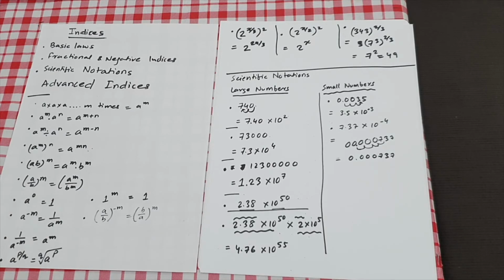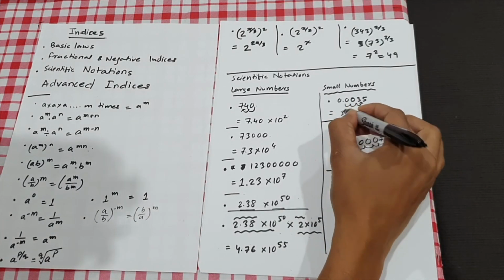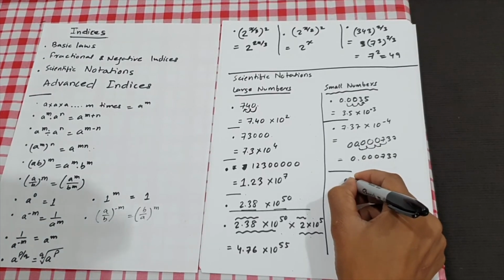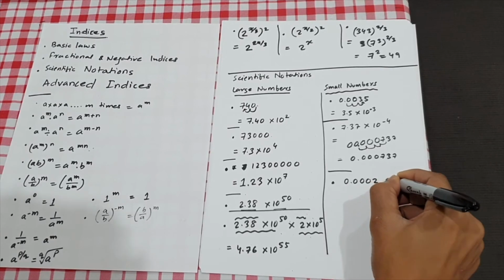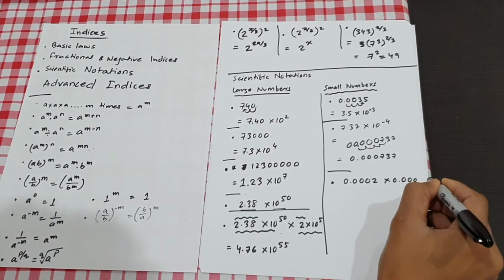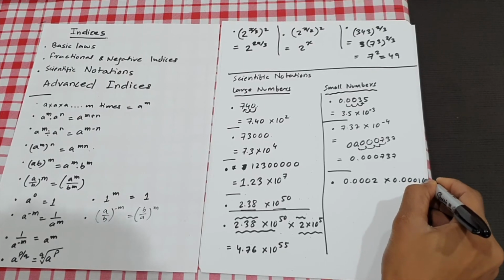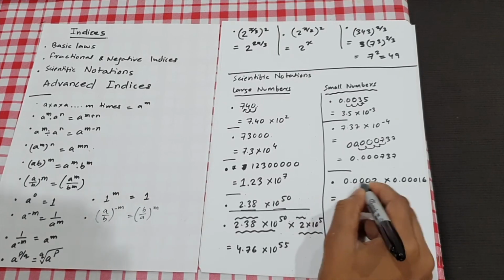We'll take one more example and see how a small number multiplication could be simplified with this process. So let's say we have 0.0002 times 0.00016.